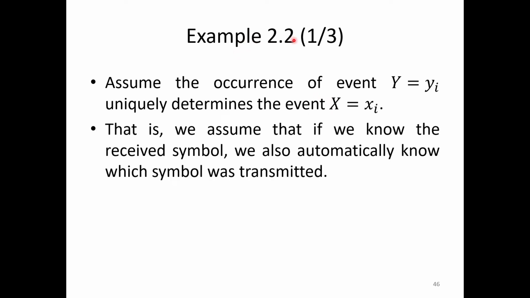Example 2.2. Assume the occurrence of the event capital Y equal to small y_i uniquely determines the event capital X equal to small x_i. That is, we assume that if we know the received symbol, we also automatically know which symbol was transmitted.